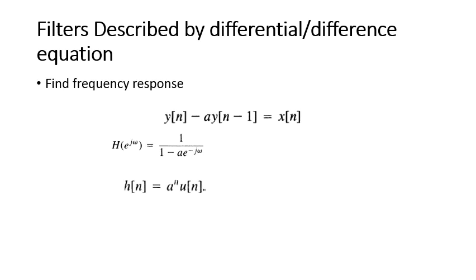This is the difference equation for a discrete time system, and we need to find the frequency response of this system. To find it, let's first find the impulse response, or you can also use similar arguments as we did for the continuous time case.